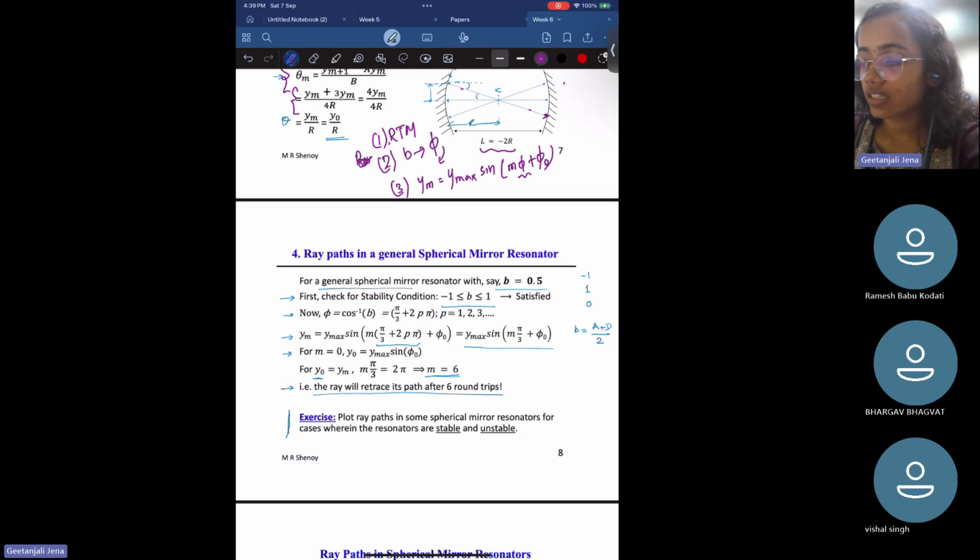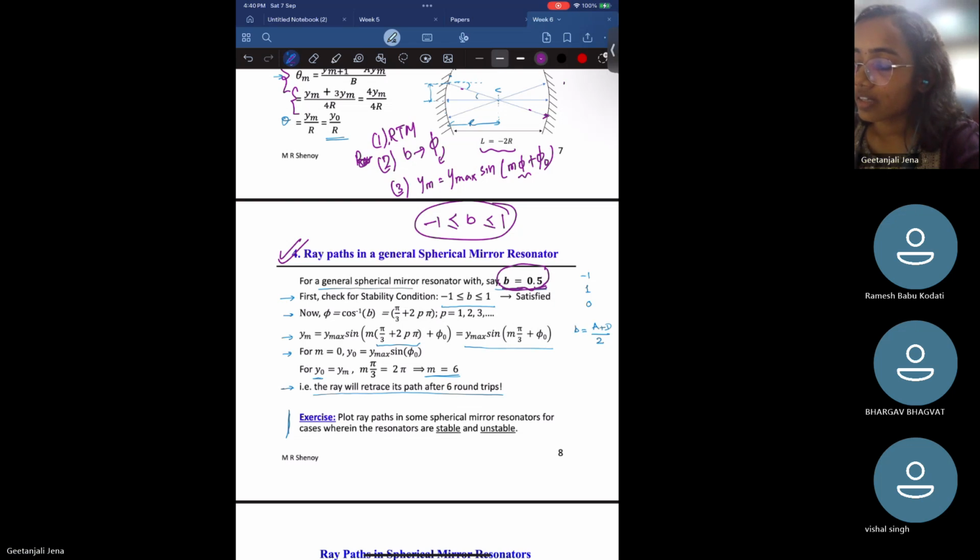So now we'll see a general case where we have a spherical mirror resonator with a value b equal to 0.5. First check whether it satisfies the stability condition or not. The stability condition is that b should lie between -1 and 1. As it is 0.5, the stability condition is easily satisfied. Now from b, we have to calculate the value of phi.